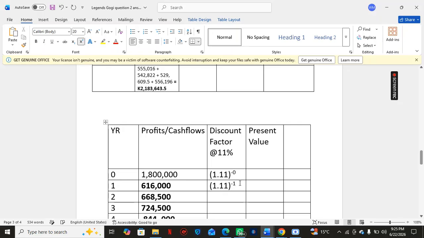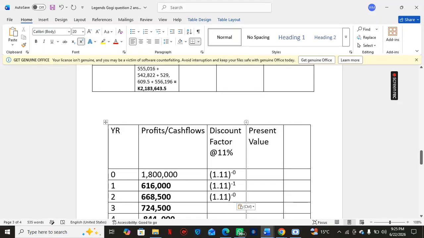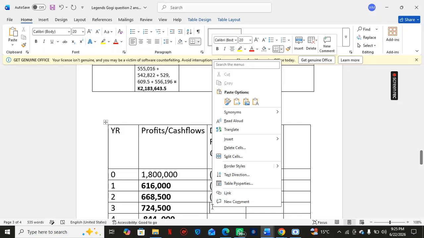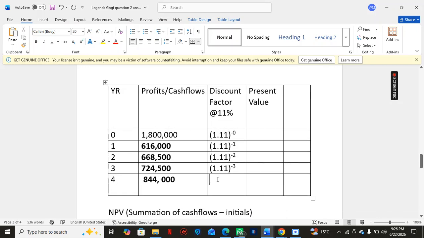Year 1, 1.11 to the power -1. Year 2, 1.11 to the power -2. Year 3, 1.11 to the power -3. Year 4, 1.11 to the power -4.